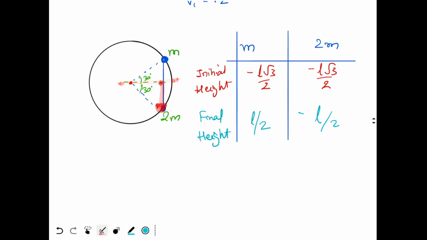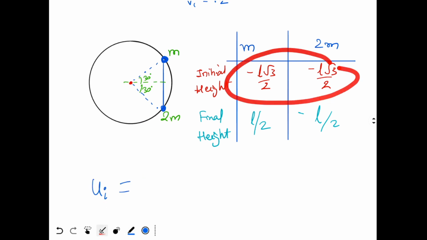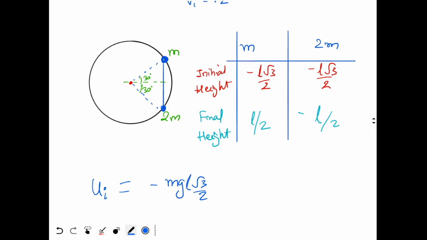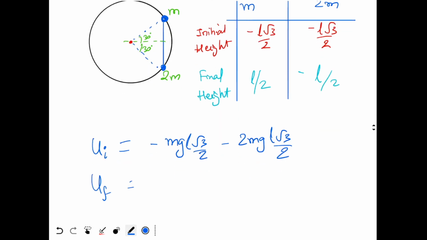Right? So now I can write down the initial potential, final potential energy, and then I can compare the energies of the system. So initial potential energy will be for these two. So for m, minus mgL root 3 by 2, and for 2m, minus 2mgL root 3 by 2. Final potential energy is how much?